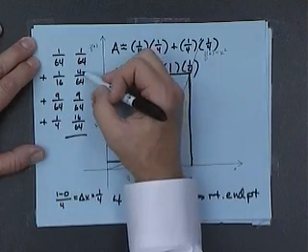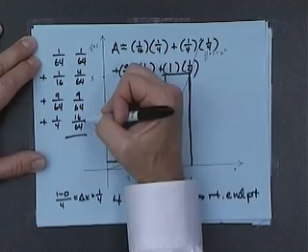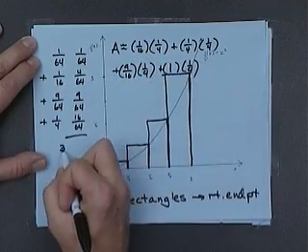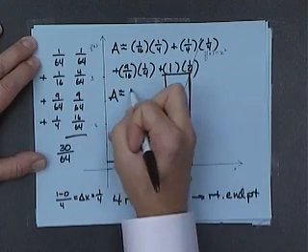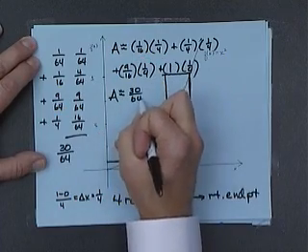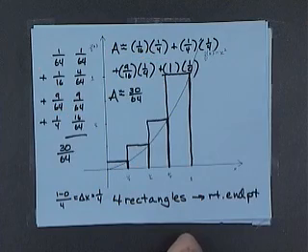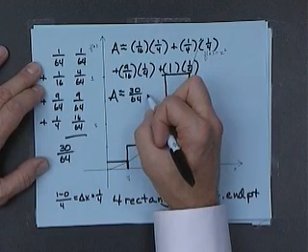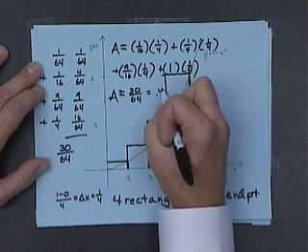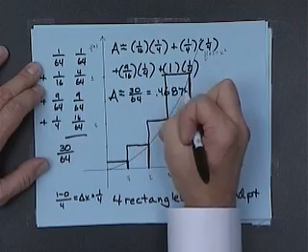So we've got 1, 5, 14, 30 64ths. What is 30/64 as a decimal? 0.46875.